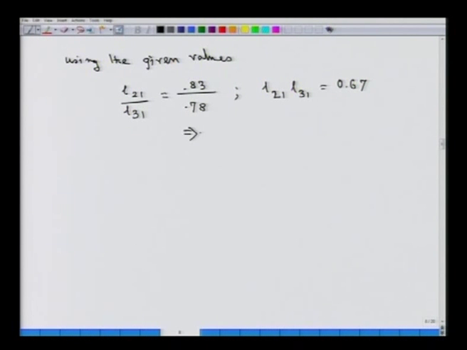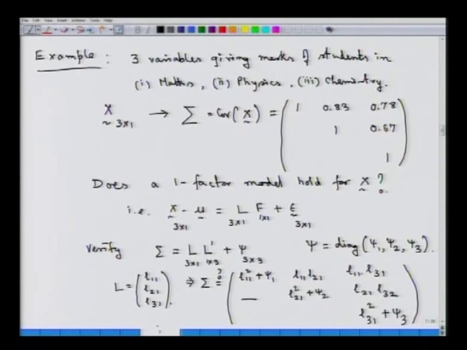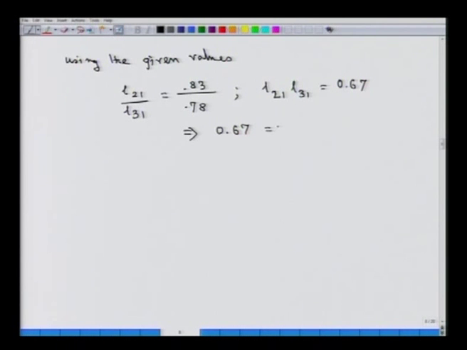Using these two equations, 0.67 is equal to L21 multiplied by L31, so this term is now equal to L31 squared times 0.83 divided by 0.78.